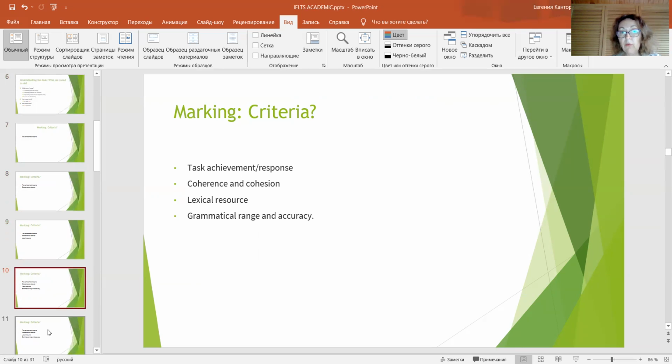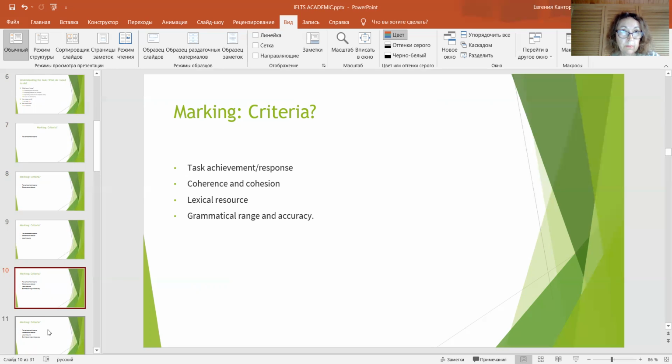Then grammatical range and accuracy, of course, is also included. And that means that you should use correct grammar. Your mistakes should be very few, if at all. And you need to include a range of more advanced structures. Such structures are the passive voice, of course, or complex sentences, relative clauses, probably inversion, if appropriate.